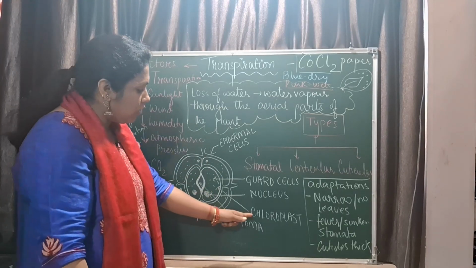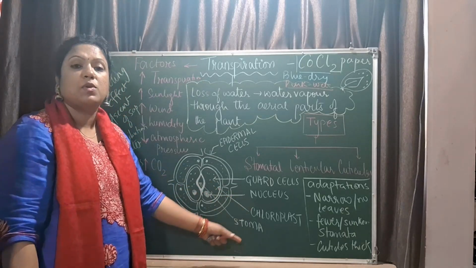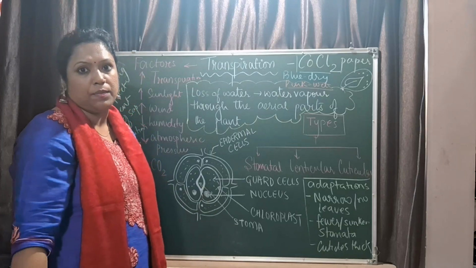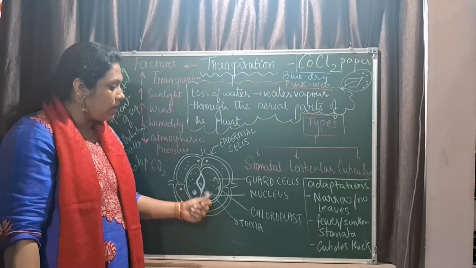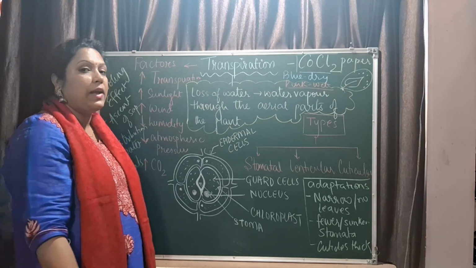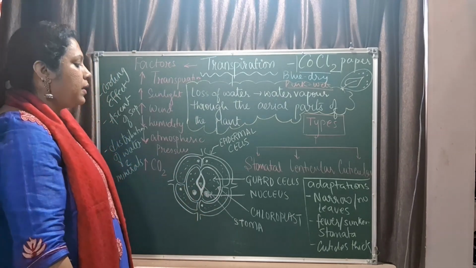Please mark, children, chloroplast is present in the guard cells, and this is responsible for the initial photosynthesis and opening of the stomata. This diagram is the complete diagram for the stomatal apparatus, and you will get marks if everything present here is there in your paper.